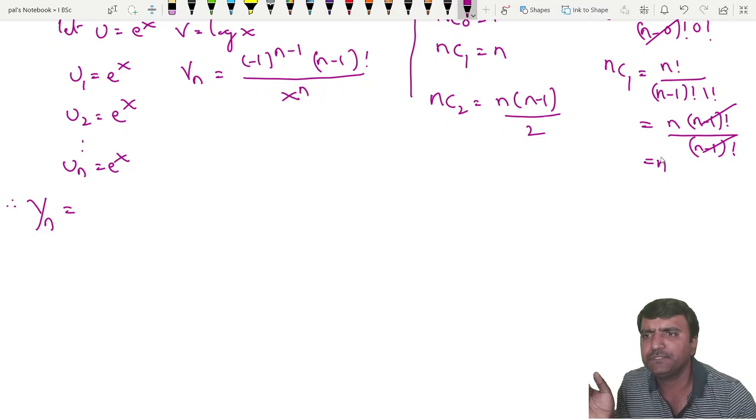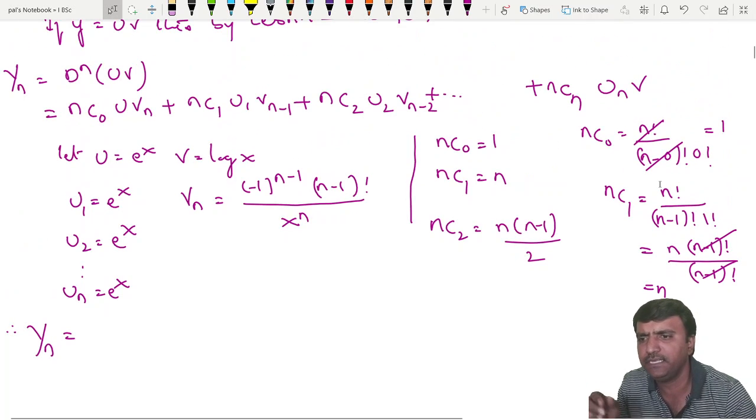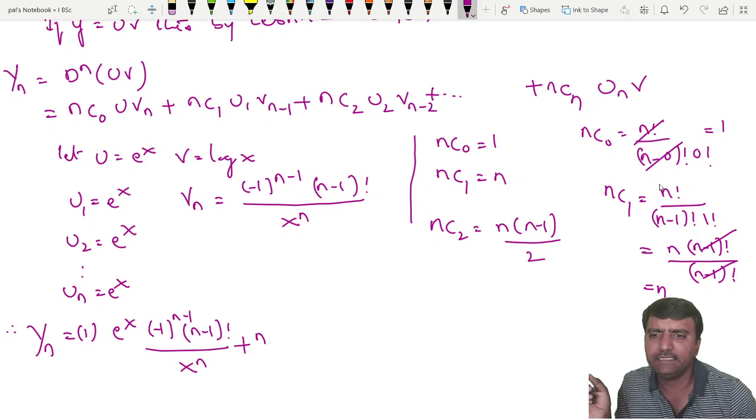If you substitute all this here, yn can be written as 1 into nc0, which is 1, into u, which is e to the power of x, into vn, which is minus 1 to the power n minus 1 factorial divided by x to the power n, plus nc1 is n into u1, which is e to the power of x only, into vn minus 1. If you know vn, we can easily write vn minus 1.